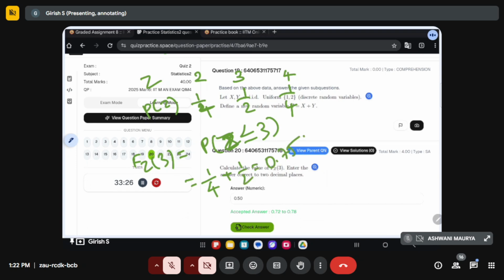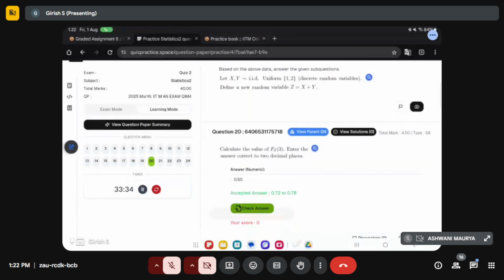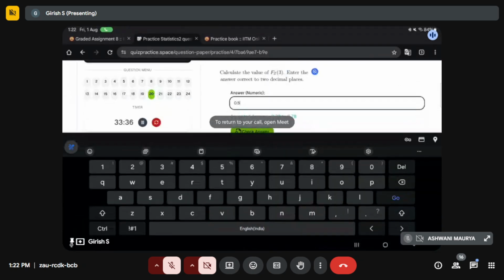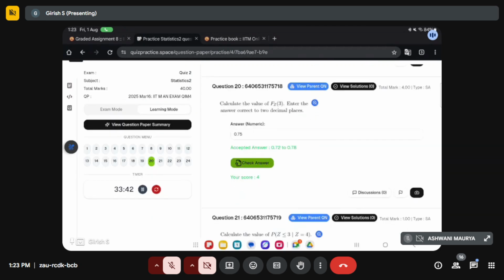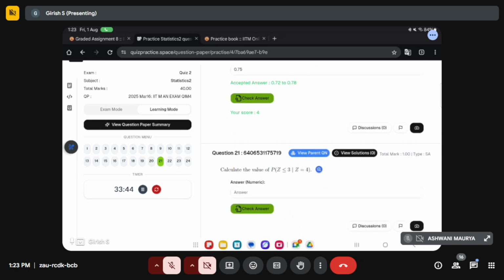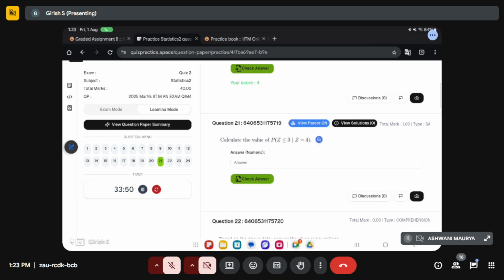So just be careful whether they asked CDF or PDF. Actually, I had this thought because initially while typing we saw 0.5, but they're asking for two decimal places. So just re-ensure it. Sometimes it may happen like this, so be careful. And here, probability of Z equal to 4.